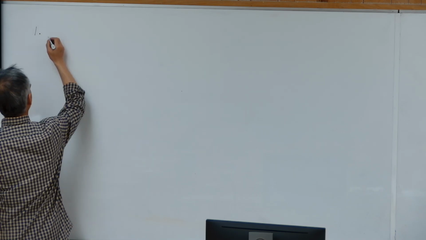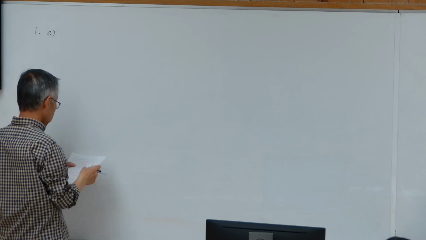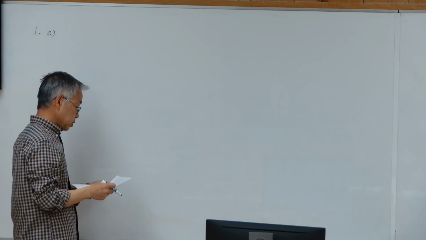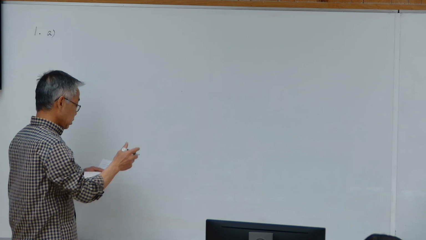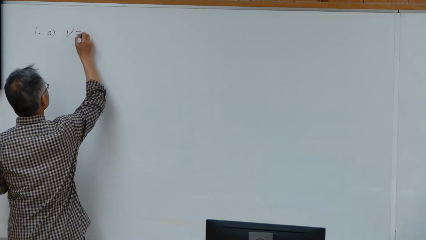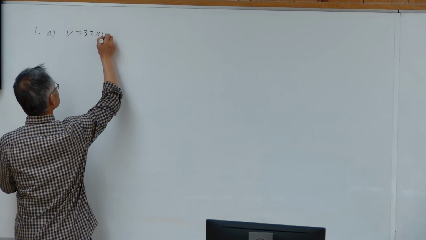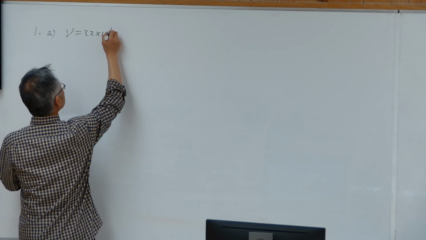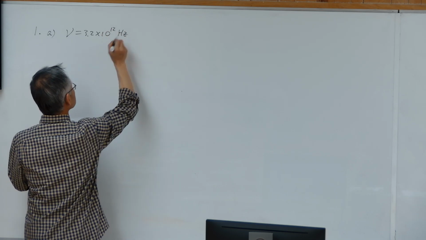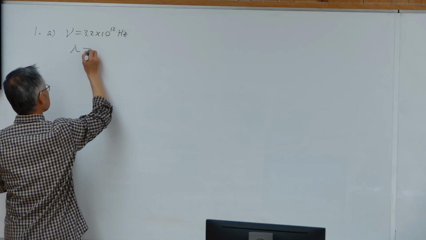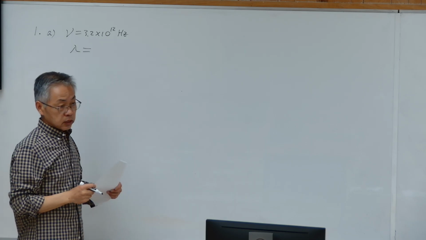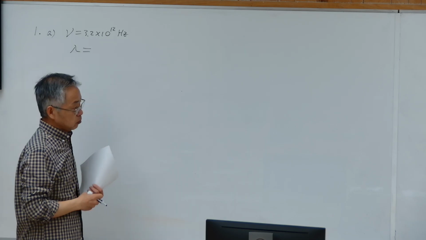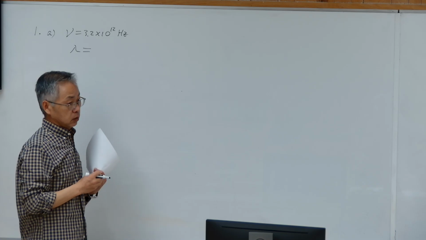Quiz 7, question 1, part A asks you what is the wavelength of light having frequency 3.2 times 10 to the 12th power hertz. At the beginning of this chapter, it's all about the knowledge of a wave.